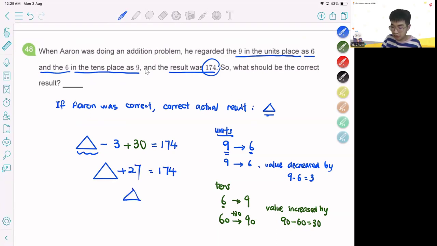That means the original correct result will be 174 minus 27, which is 147. So that is how I get the answer. Use some understanding in your place values and your values, and then work towards the story and see how each mistake contributes to a change in the value.